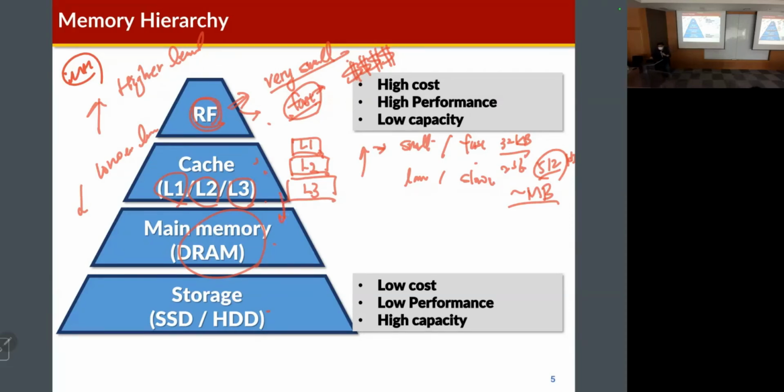Also, under this cache, you can find the main memory, DRAM. We already know the size of the DRAM, like 4 gigabytes or 8 gigabytes in the computer system. So the size of the DRAM is much larger than the size of the cache memory, but it's very slow.